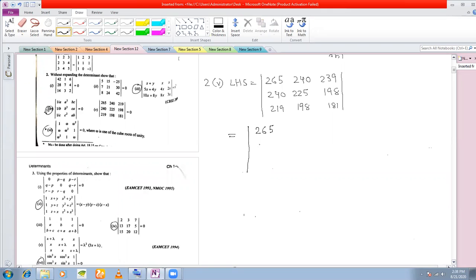Transport 265, 240, or 240? Yes. Even if you do that, 265, 240, fine, let's do it.